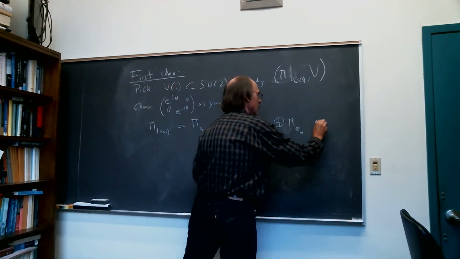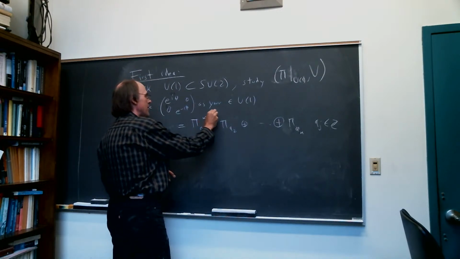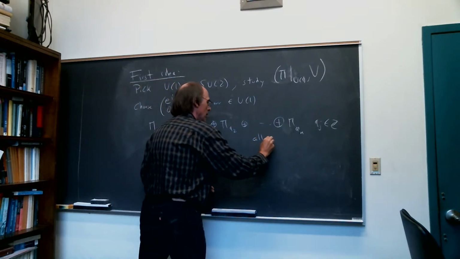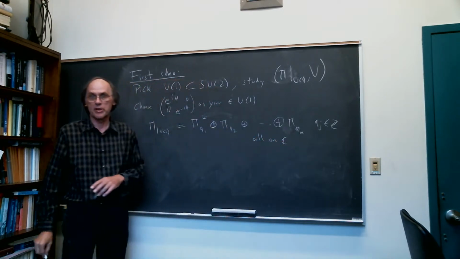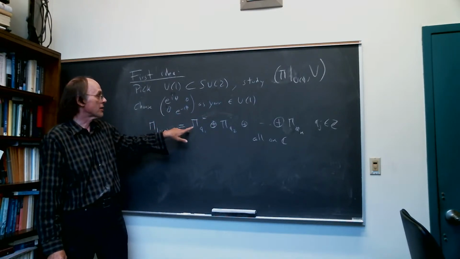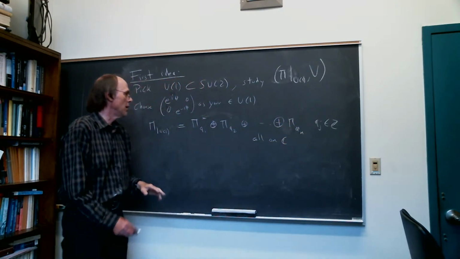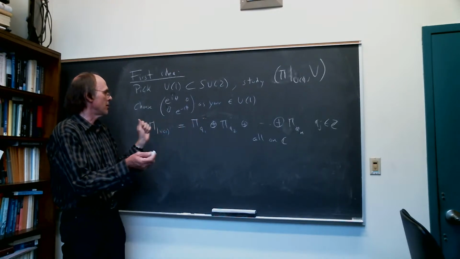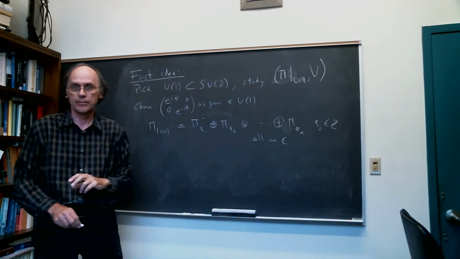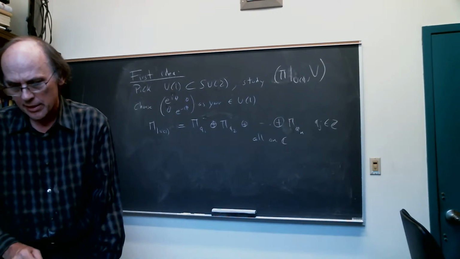The qj are going to be some collection of integers, and all of these are on C, right? They're all one-dimensional representations. So when you take an arbitrary representation and restrict it to the subgroup, it's going to diagonalize in this way. Okay. And then now there's the next thing you do.